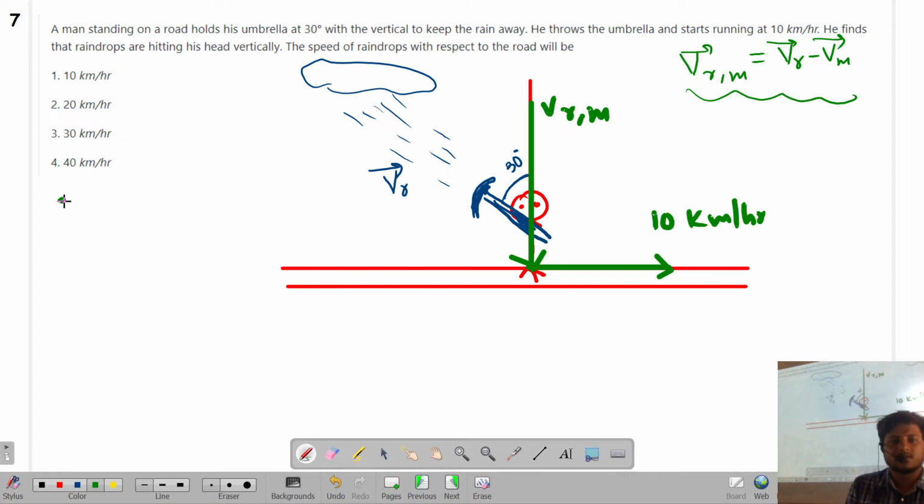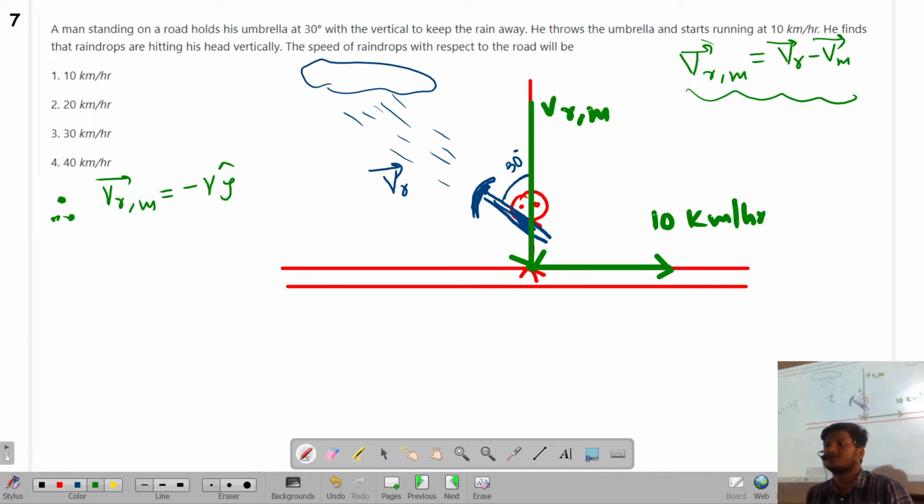Now try to understand this. The velocity of rain with respect to man is falling towards the vertical, or not? So I can write velocity of rain with respect to man as minus of j cap. Let us consider it to be velocity v, so minus of v j cap.